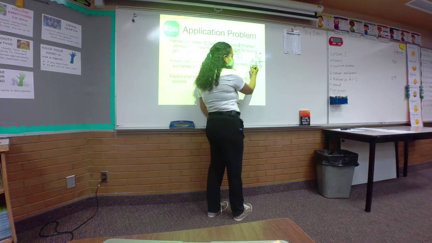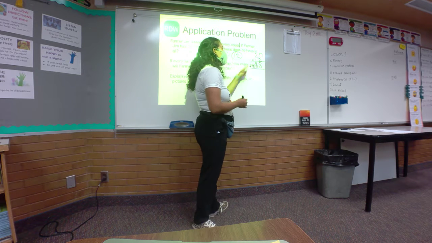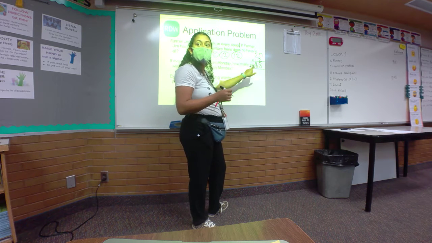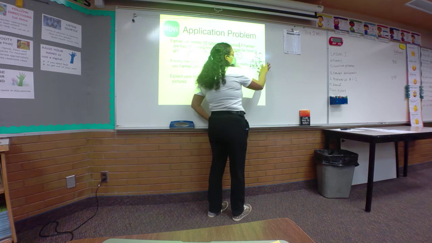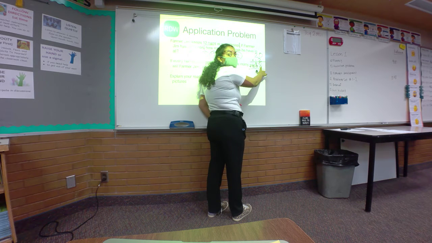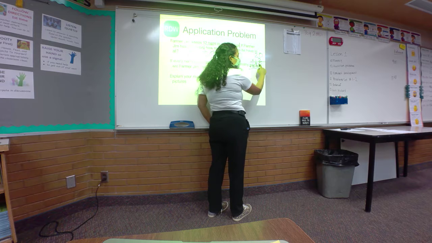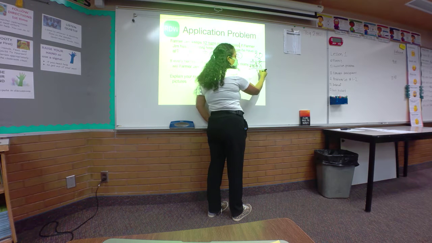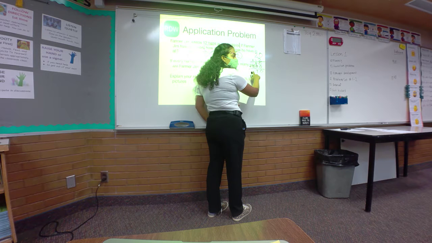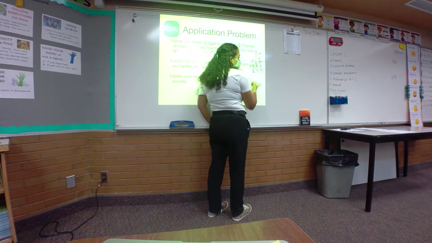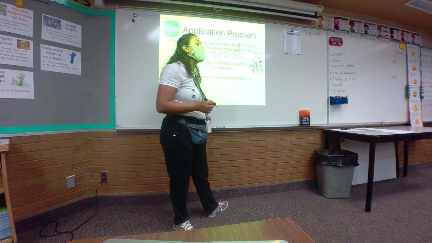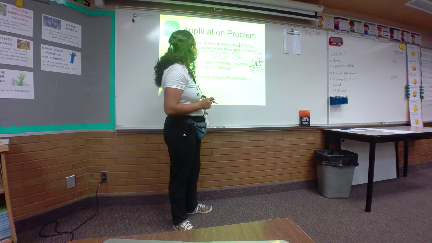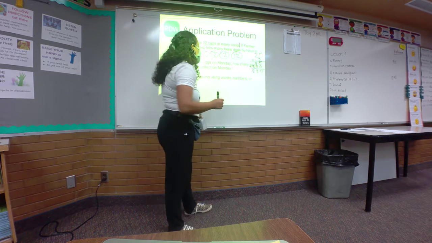And now we can add, because we don't have any more digits to multiply. So 0 plus 0, 0. 4 plus 0, 4. 0 plus 2, 2. 240. So how many hens does Farmer Jim have? 240.